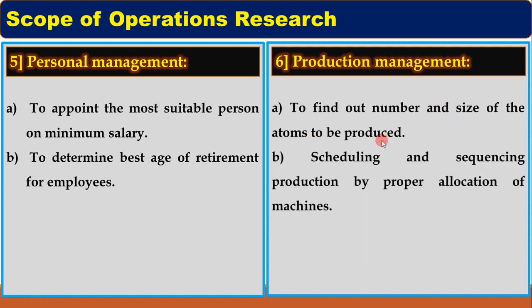Also, with the help of OR techniques, it helps to schedule and sequence production by proper allocation of machines. So scheduling and sequencing is a very important part of operation in industry, so as to optimize the performance or efficiency of that process, and OR techniques help to do this.